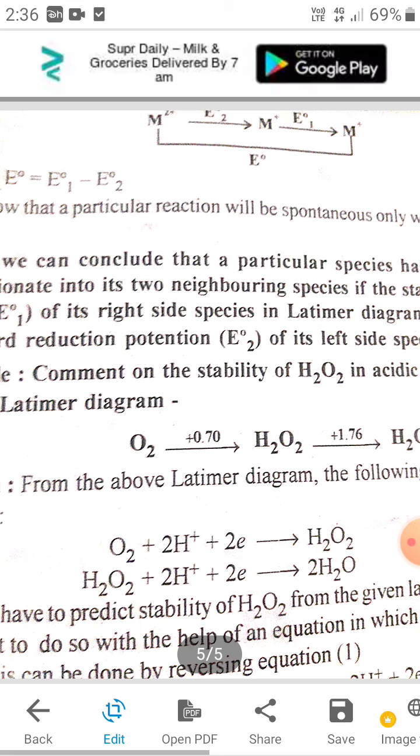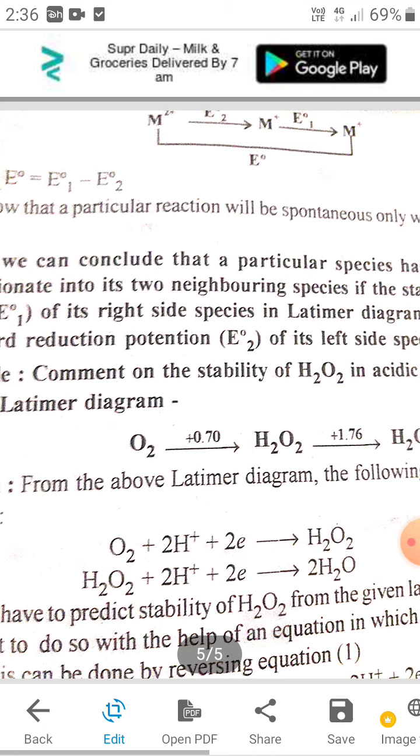Then we have the stability of H2O2 in acidic medium. The stability of H2O2 in acidic medium can be determined by considering the half electrode potentials.